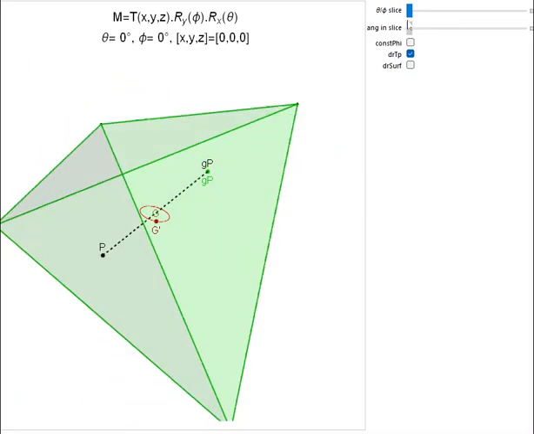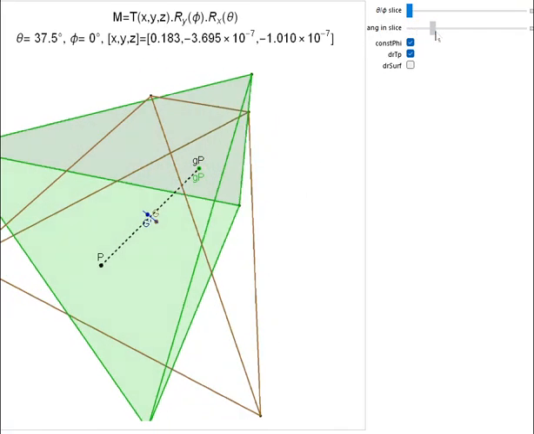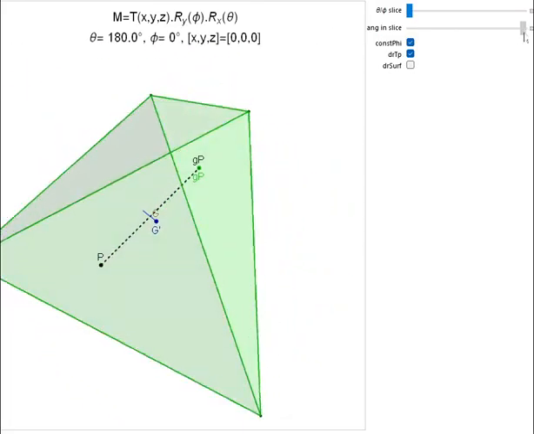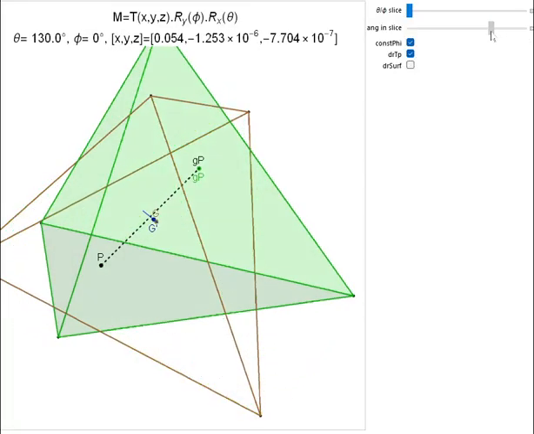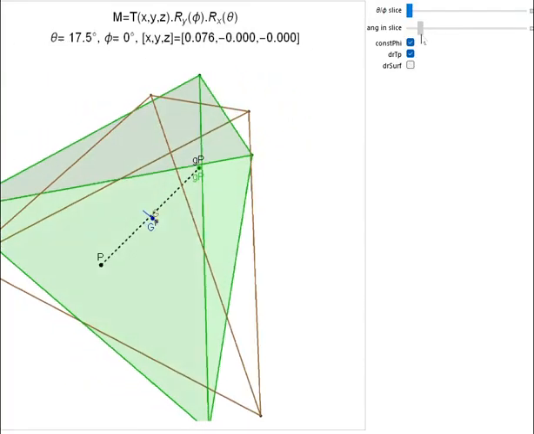What if I want to rotate about theta? Now for phi held at 0, this is kind of a pleasant observation. There is a linear motion of G prime accompanied by a rotation of theta about the x-axis of the original tetrahedron that preserves GP.